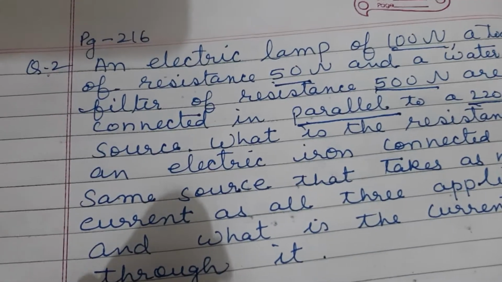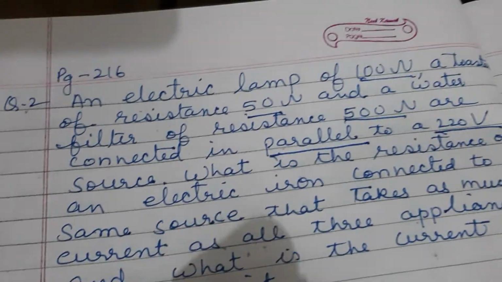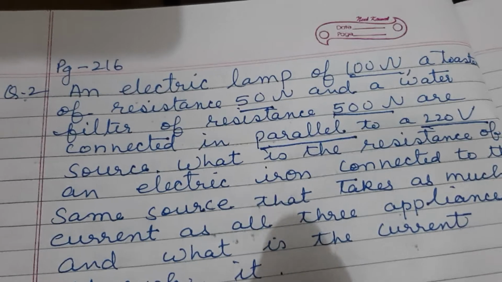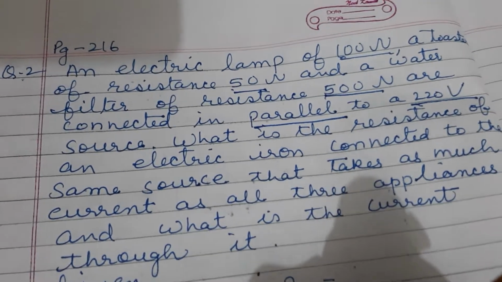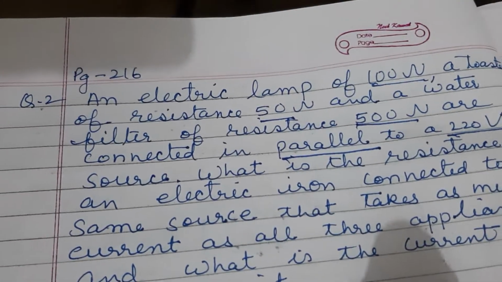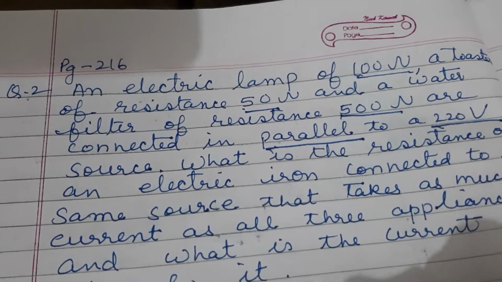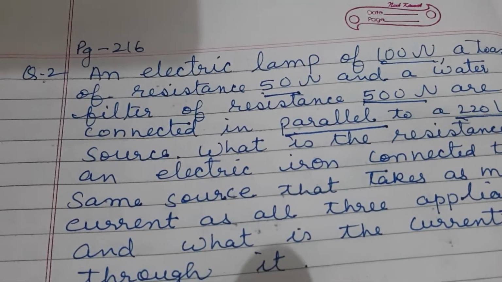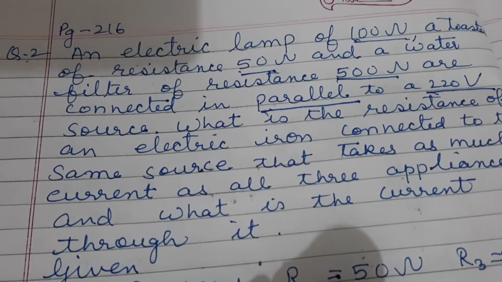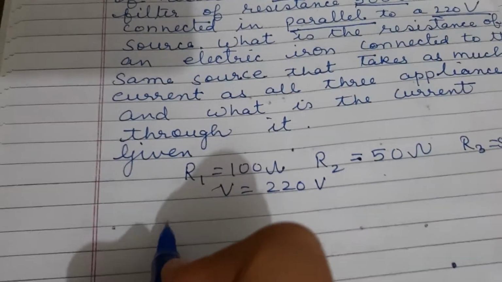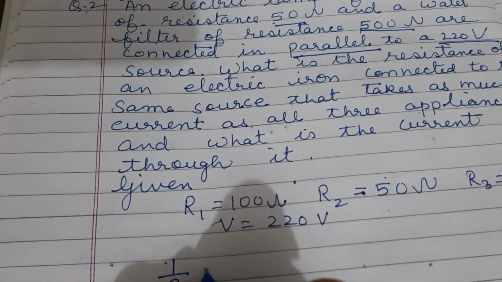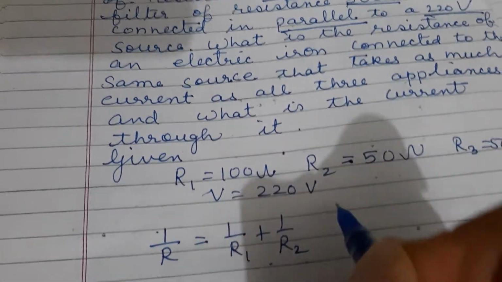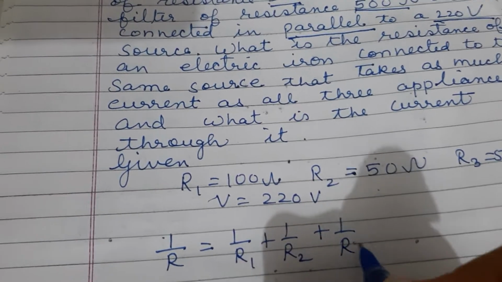So first we will write the given. R1 is 100 ohm, R2 is 50 ohm and R3 is 500 ohm. V is 220 volt. First we will find out the total resistance, that will be 1 by R1 plus 1 by R2 plus 1 by R3.